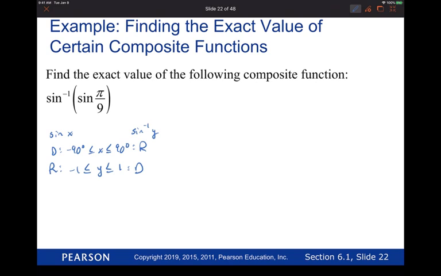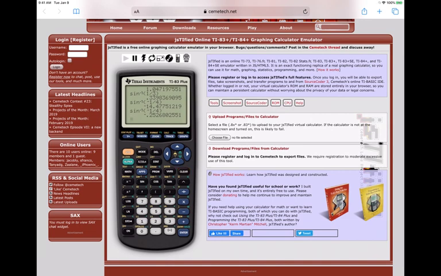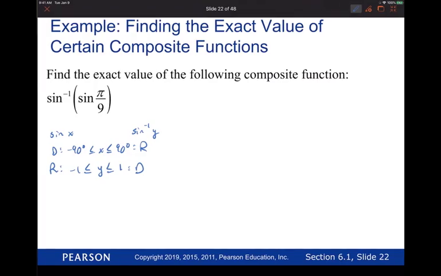I'm just going to put this in the calculator. So I'm going to do inverse sine of pi over 9. If it's simple, we should just get pi over 9. I think that's fine. There is more to that, but this one is just pi over 9.